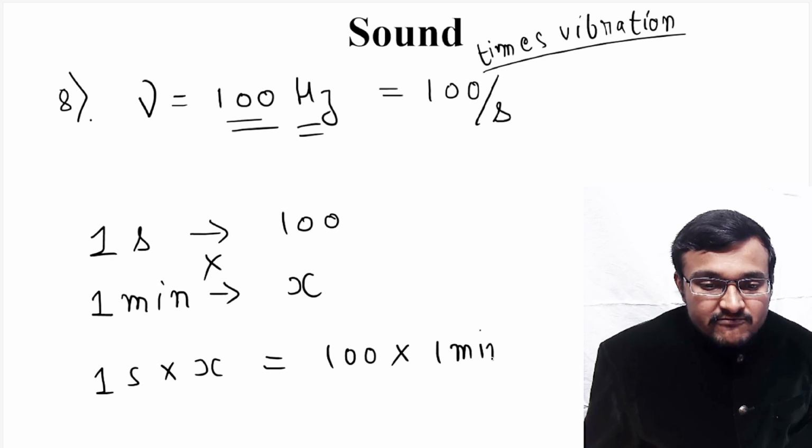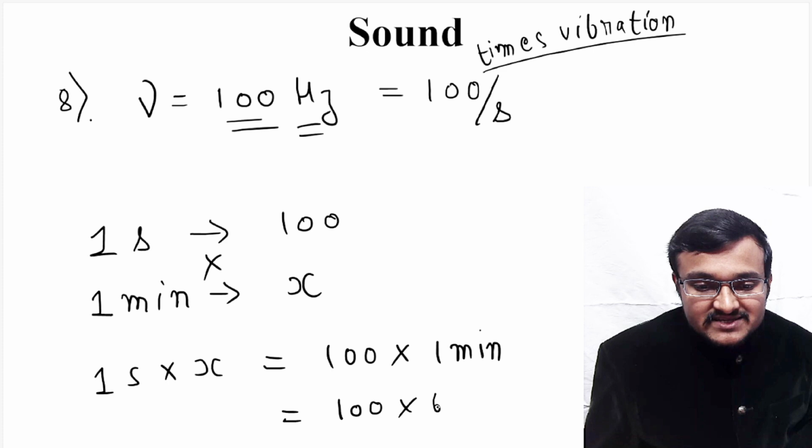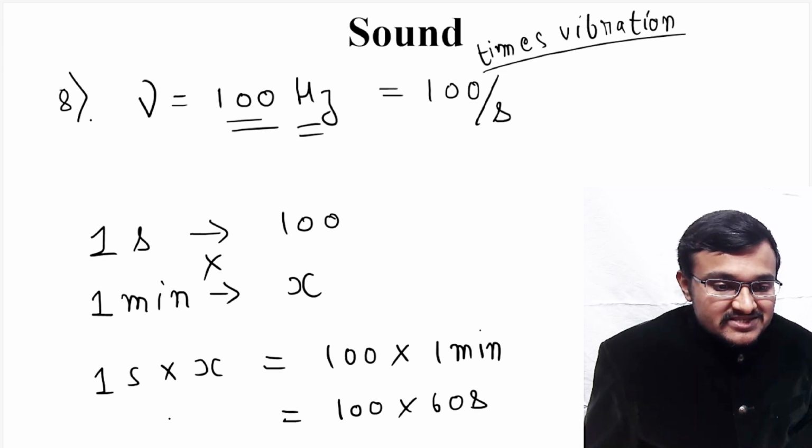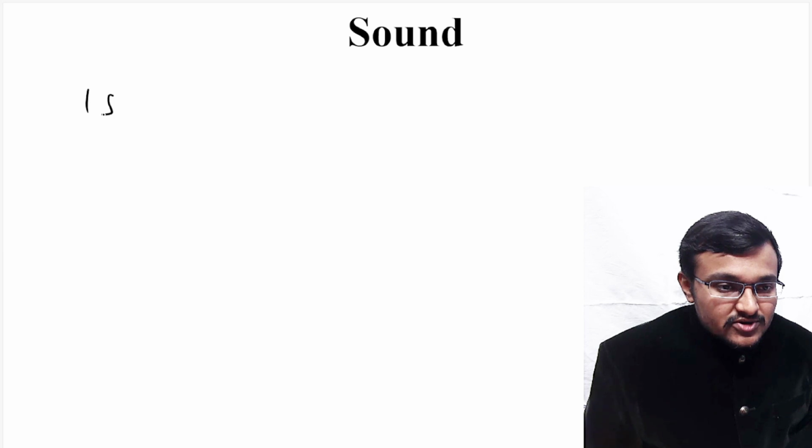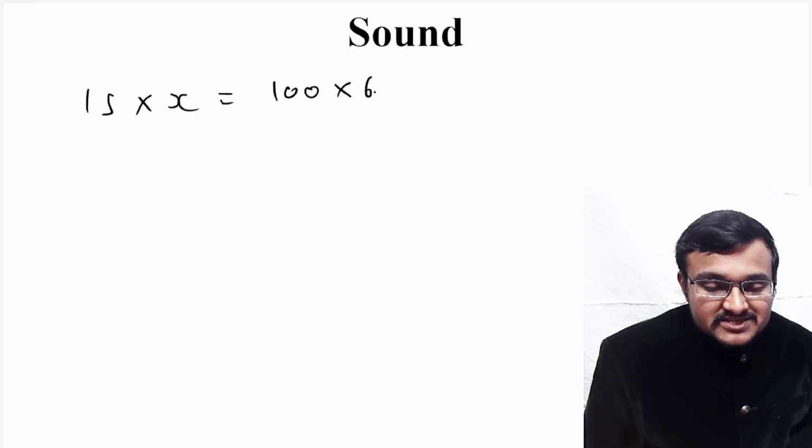In the place of 1 minute, I can write 60 seconds because 1 minute contains 60 seconds. So 1 second into x is equal to 100 into 60 seconds.